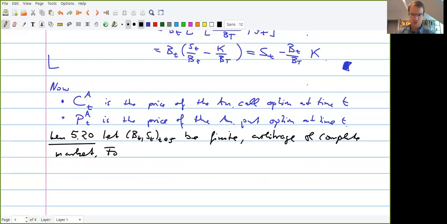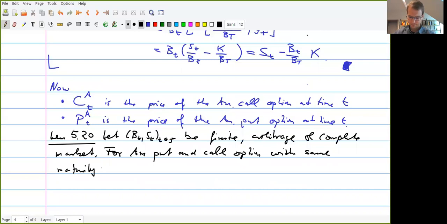Now I consider two American options, one a put and the other a call. So that I'm able to compare them, they should have the same maturity T and the same strike price K.